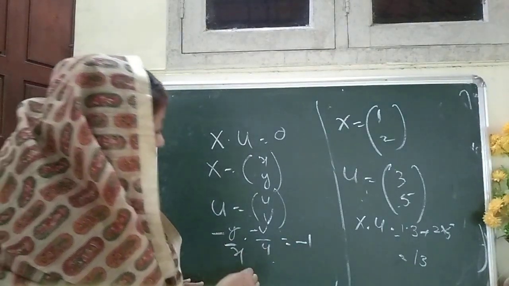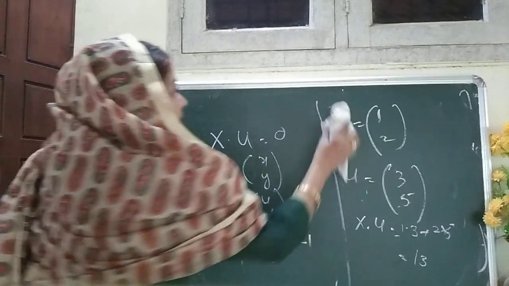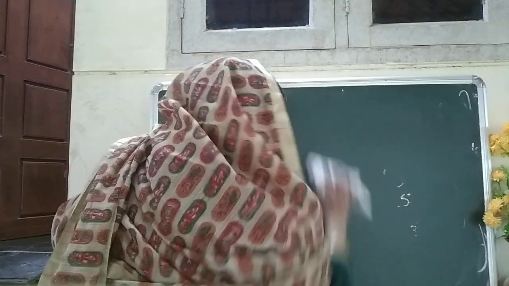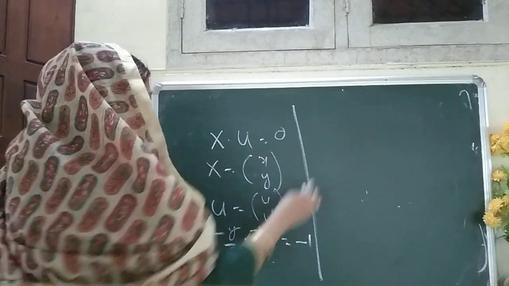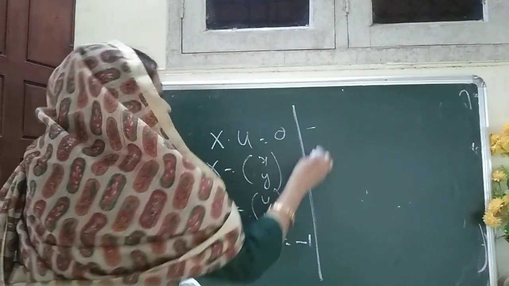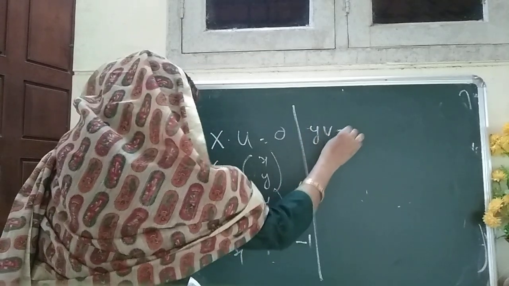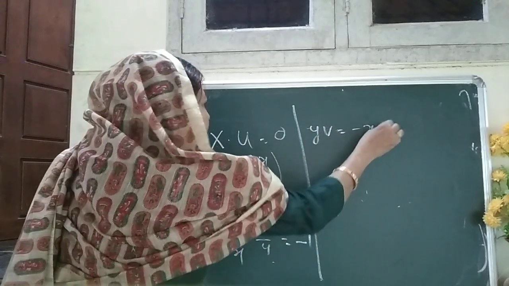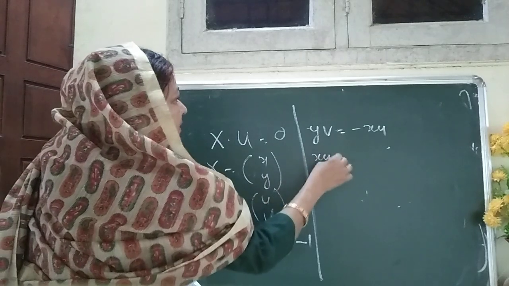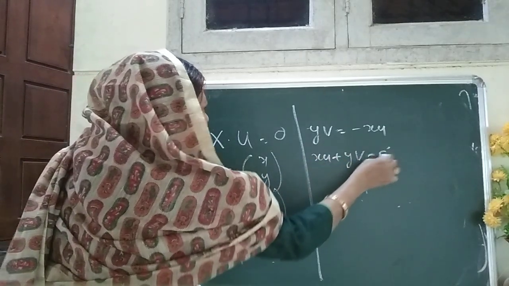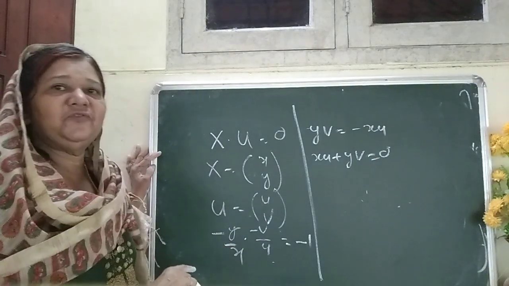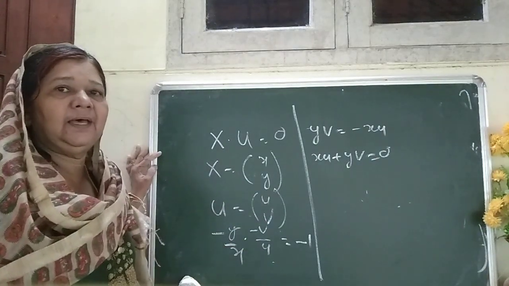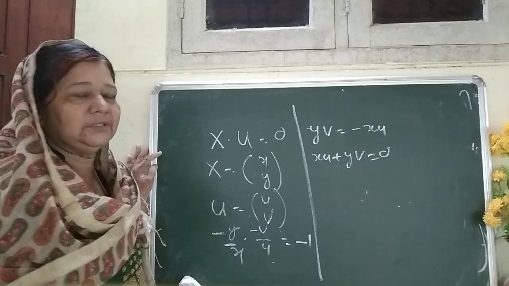That means minus yv equals minus xu, or xu plus yv equals 0. So, if the two vectors are perpendicular, their dot product equals 0.